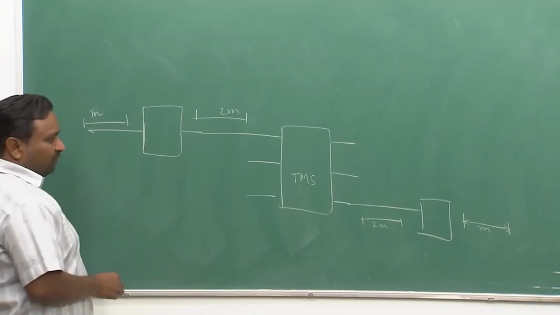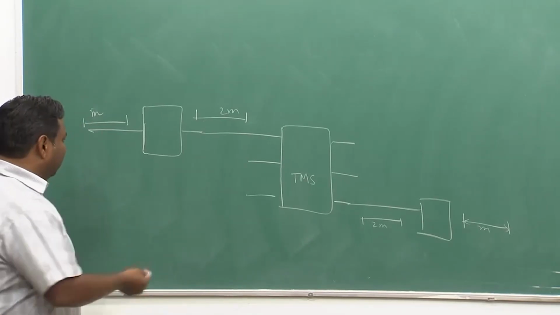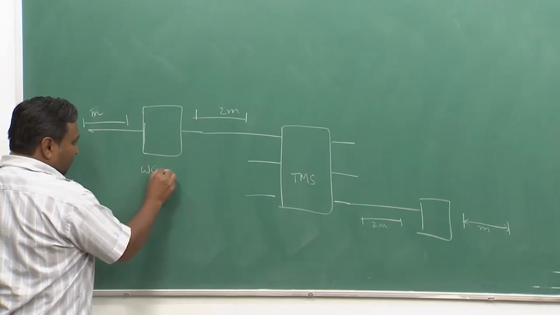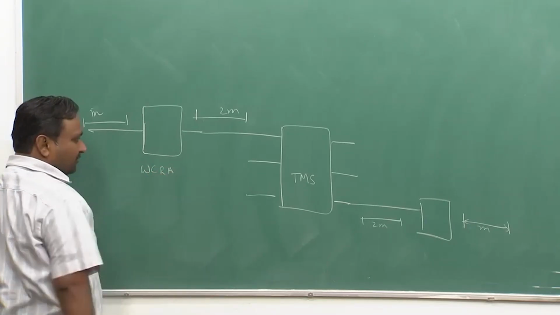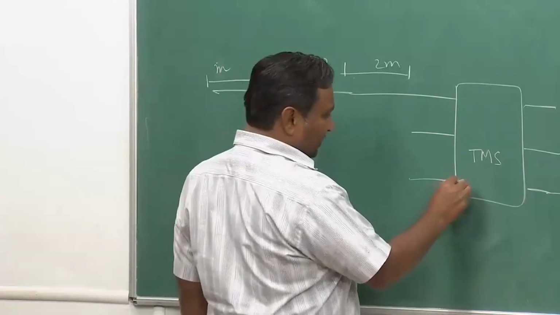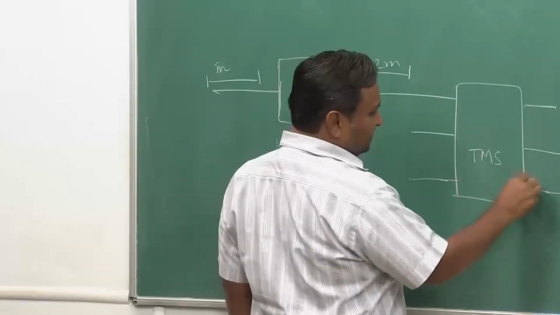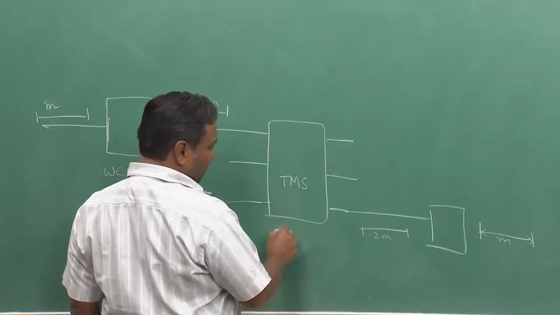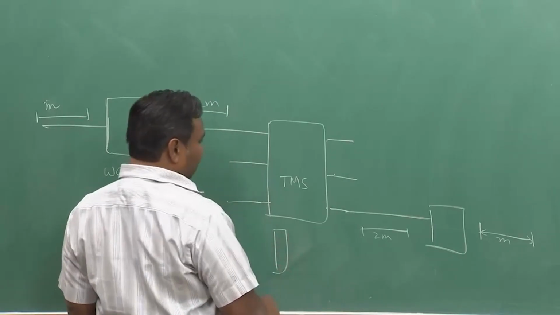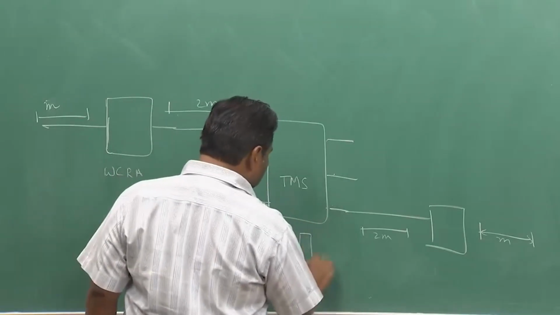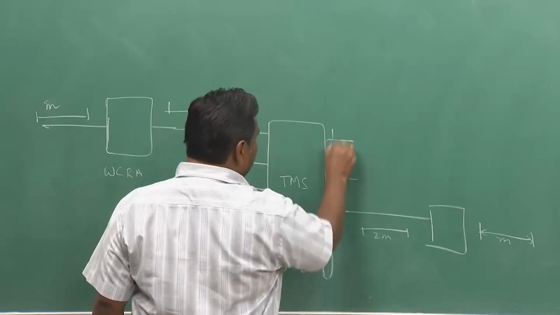If you want a scenario, you can actually try this out. You can take WCRA here; there is a control memory corresponding to each one of these outputs, and you have to write something in that. So, in this case there will be 3 control memories corresponding to 1, 2 and 3.